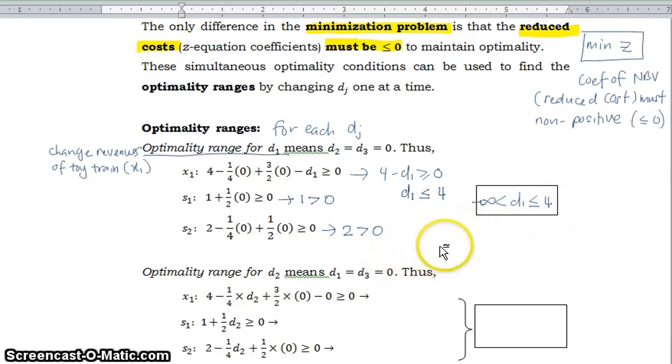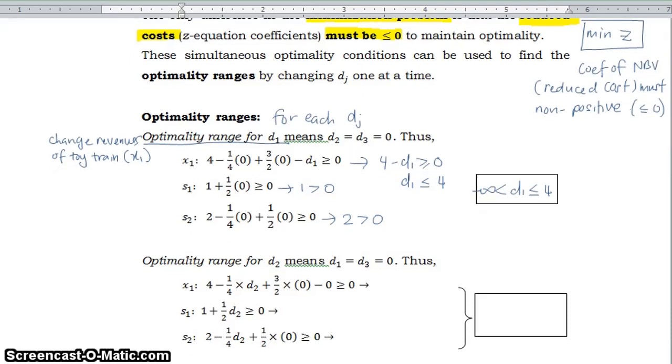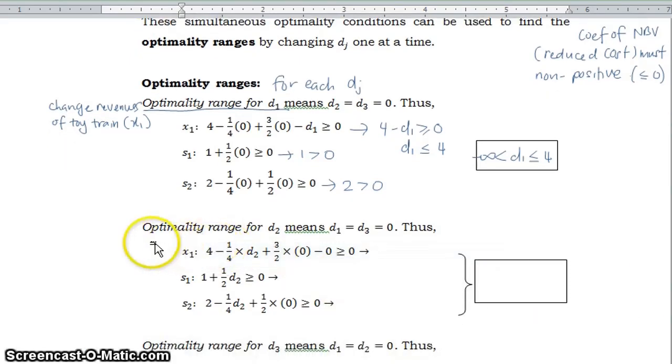The optimality range for D2 means Toyco changes the revenue of the toy truck, X2, so D1 and D3 are 0.